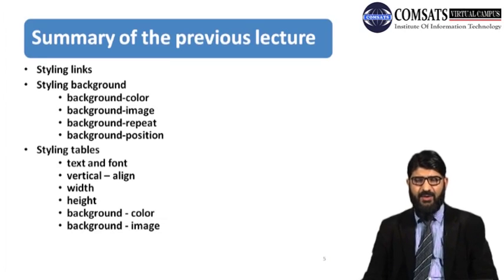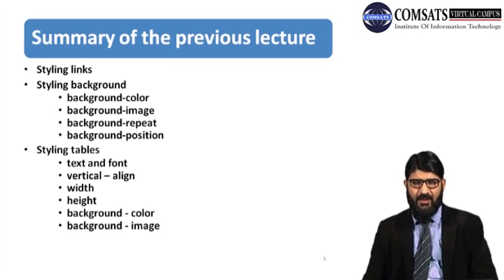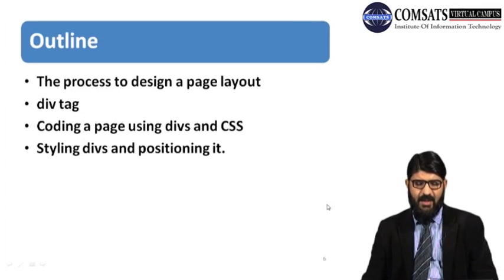And then the background of a table can also be changed with respect to color, and an image can also be placed as a background for a table. So these are the contents that we have discussed in our previous lecture. What will we discuss in today's lecture?